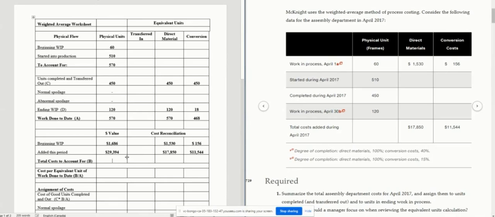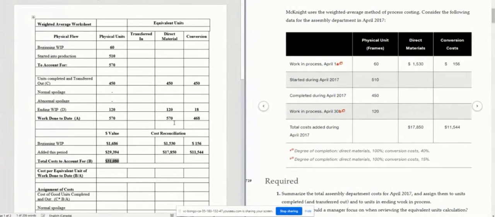So in total, what do I have to account for then? I've got a little over $31,000. $31,080. So I basically have this $31,080 that I have to figure out where does it go.